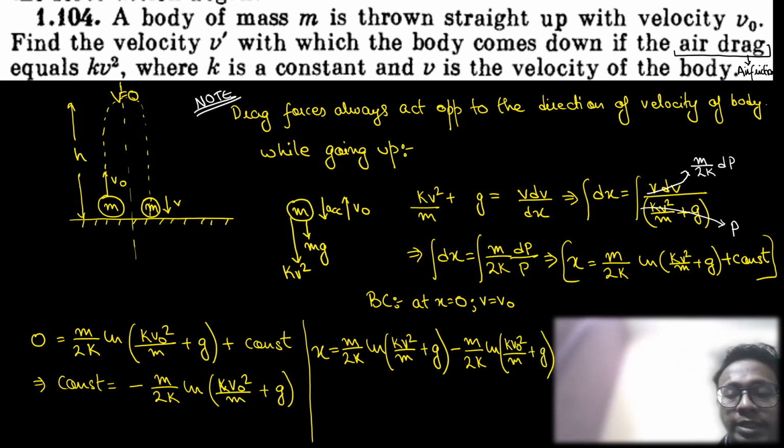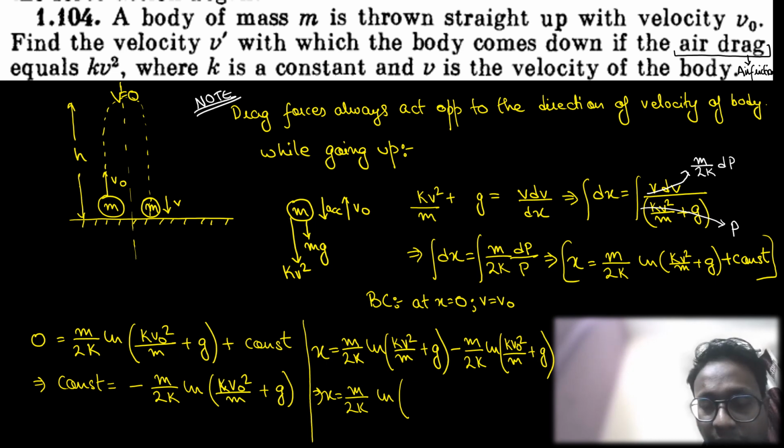In this equation, can I take m by 2k common? So x is equal to m by 2k ln, since ln a minus ln b is equal to ln a by b, I already know that. So k v square by m plus g divided by k v naught square by m plus g. So this is the equation.